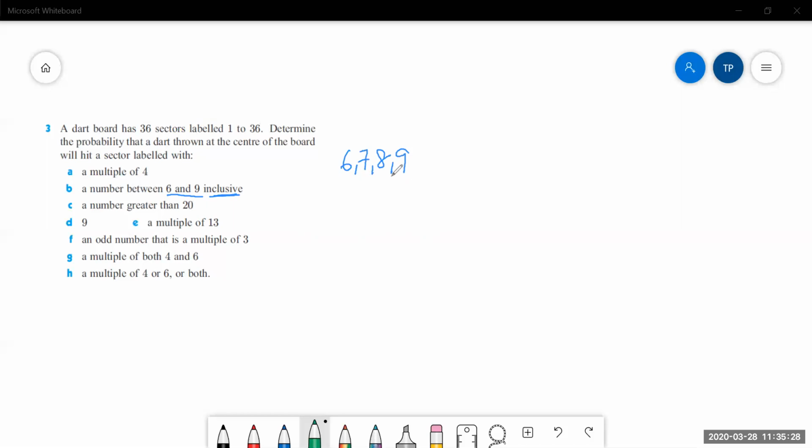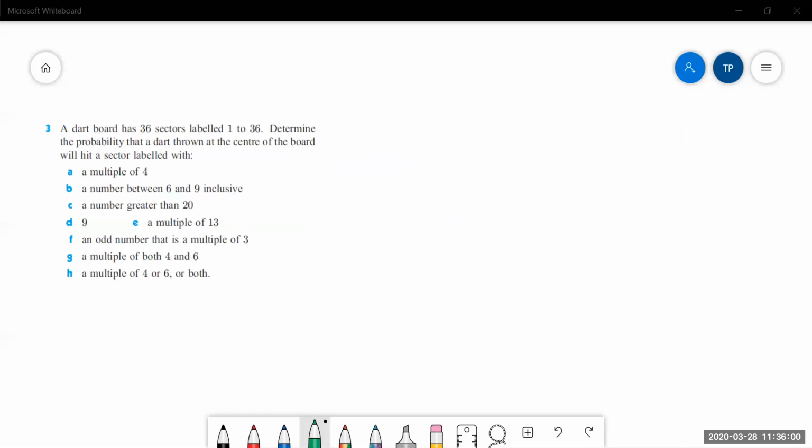So in total we have 4 here. Same thing: probability of a number between 6 and 9 inclusive is 4 over 36, so it's 1 over 9. Great.